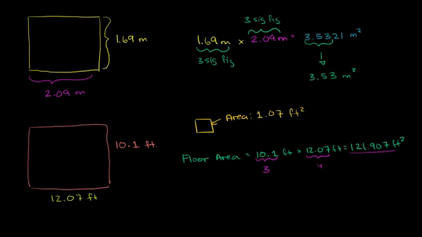So the tiles fitting in the floor of this bathroom would be the area of the bathroom, 121.907 feet squared, divided by the area of the tile, 1.07 feet squared. And once again, let me get the calculator out.